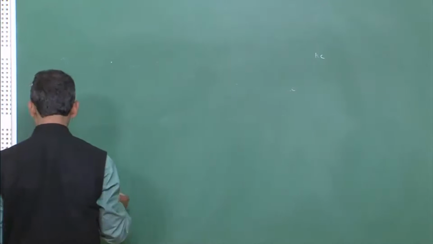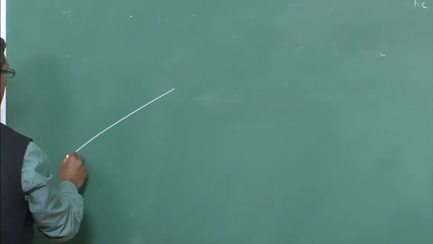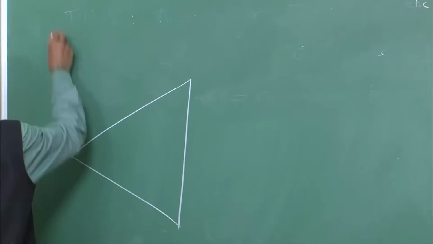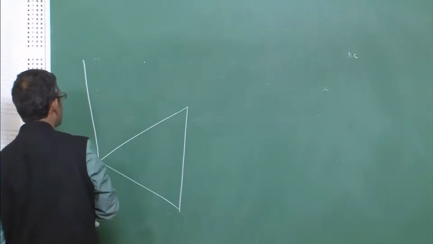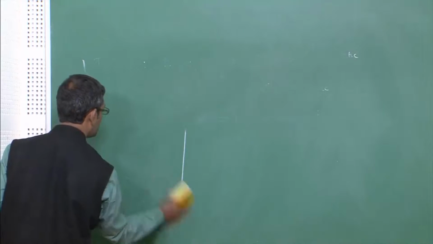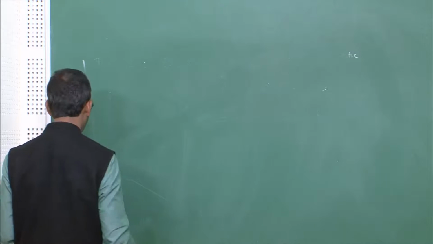Okay. So, the first thing I draw is this triangle. Oops, this is getting distorted. Better to draw it in this way.